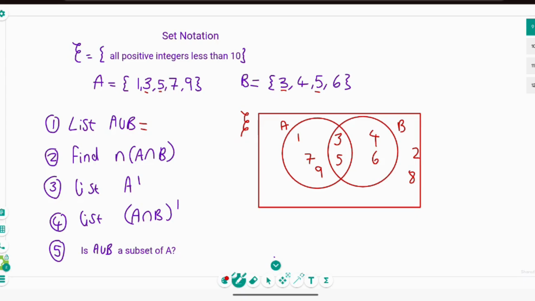So list A union B. So don't forget, A union B is anything in A or B or both. All of these numbers here. So we have 1, 3, 4, 5, 6, 7, and 9.